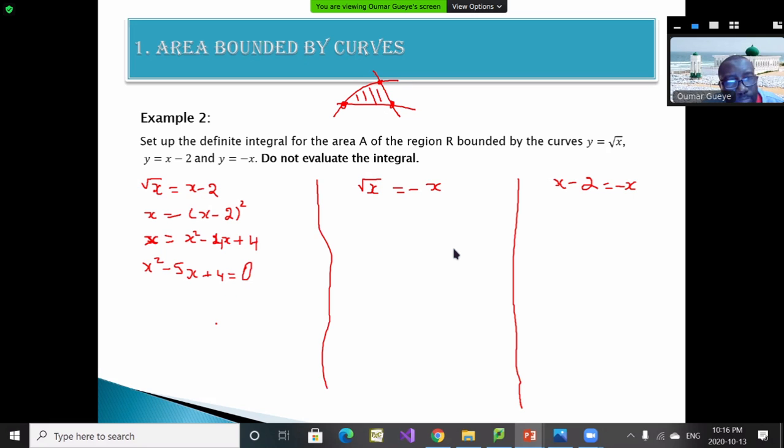Right? All right, thank you. So we can factorize, it's going to be x minus 1 times x minus 4 equal to 0.